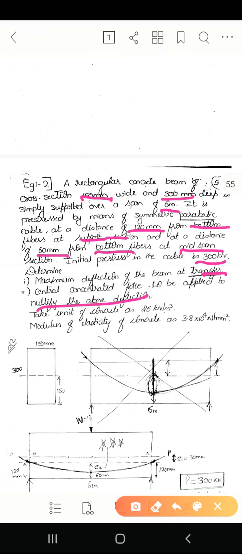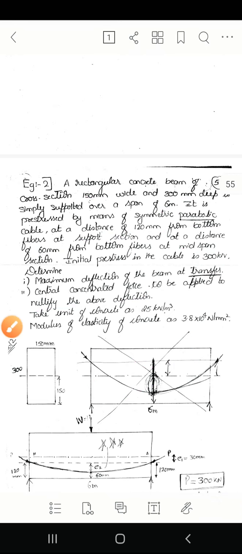So to nullify is nothing but it should be equal to 0. So deflection due to the live load should be equal to 0. That live load is a point load that we have shown here, right?